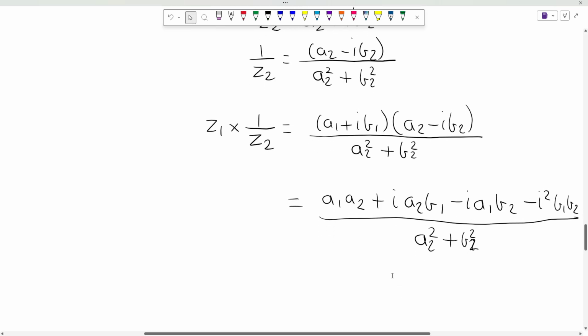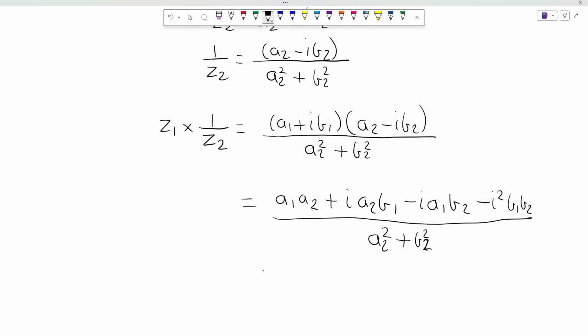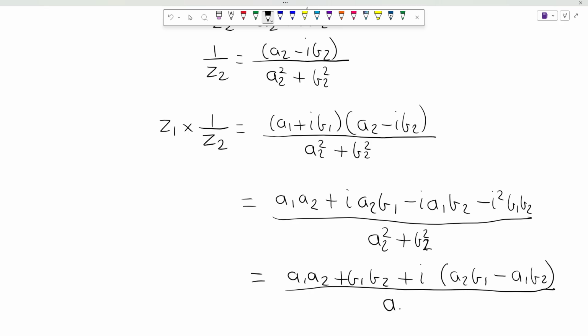Okay, now so this will be equal to a1 a2 plus b1 b2 plus iota times a2 b1 minus a1 b2 all over a2 square plus b2 square.